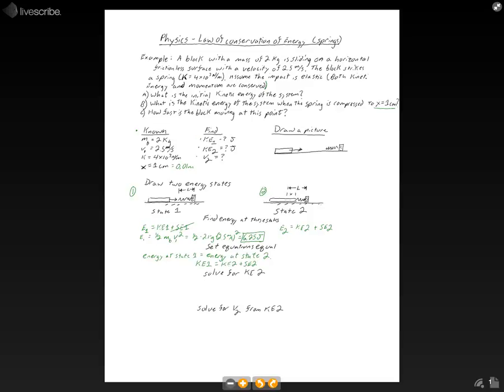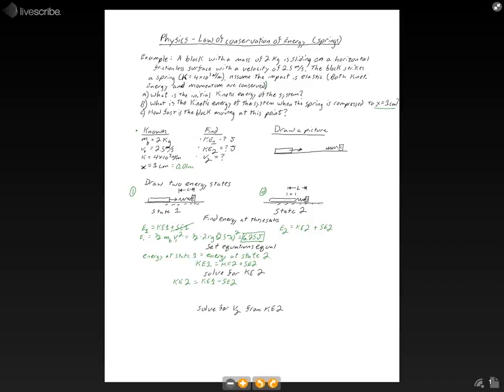And we can solve for KE2. KE2 is equal to KE1 minus spring energy 2.